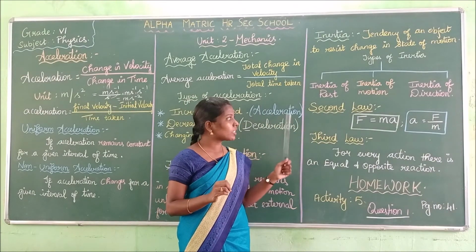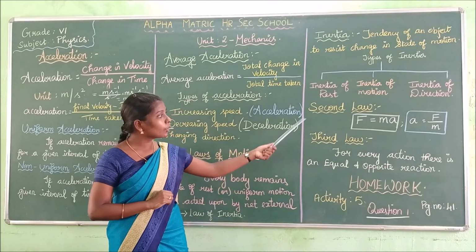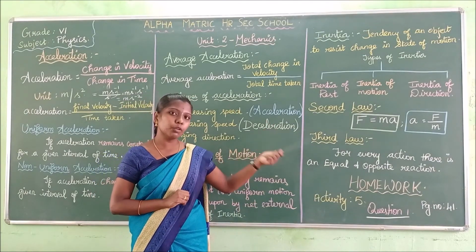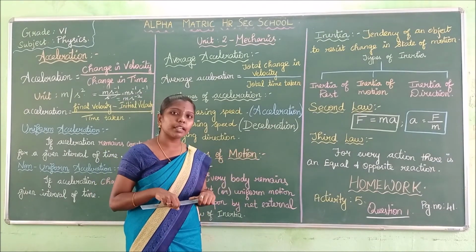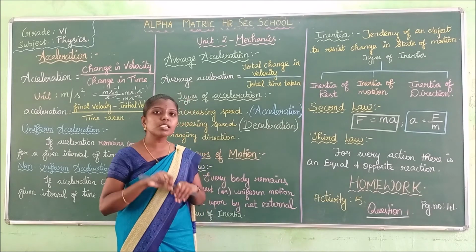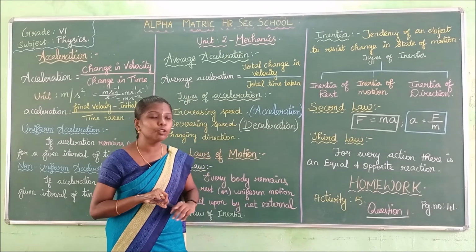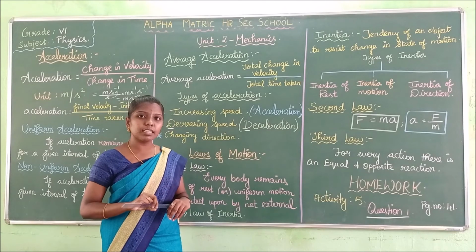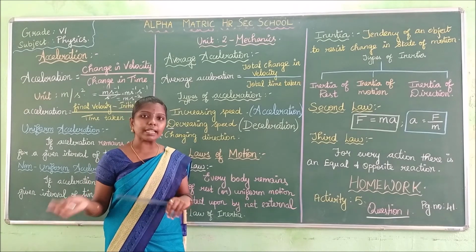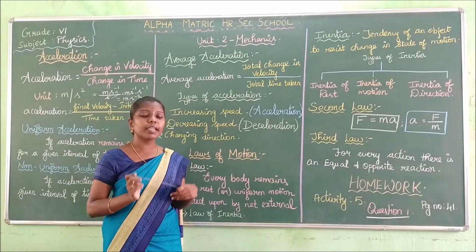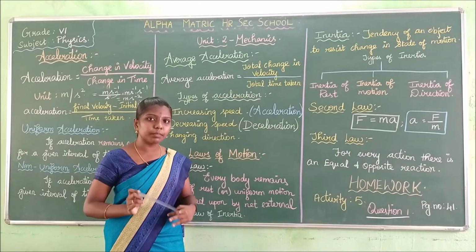So now we are going for Newton's second law of motion. What is Newton's second law of motion? Force is directly proportional to mass and acceleration. Force is directly proportional to rate of change of momentum.